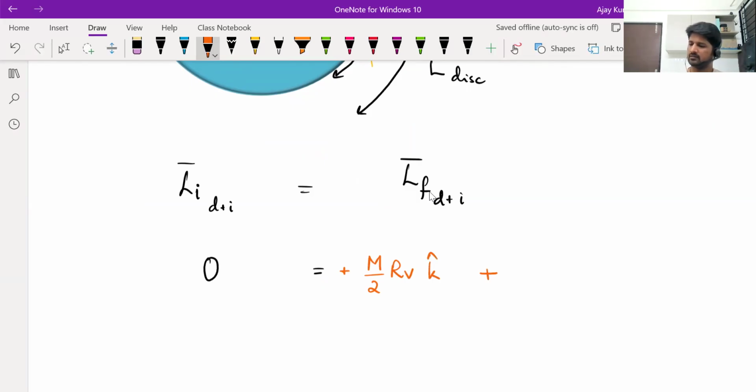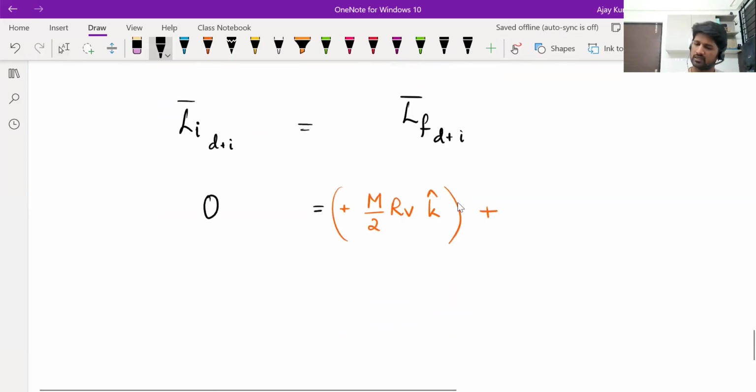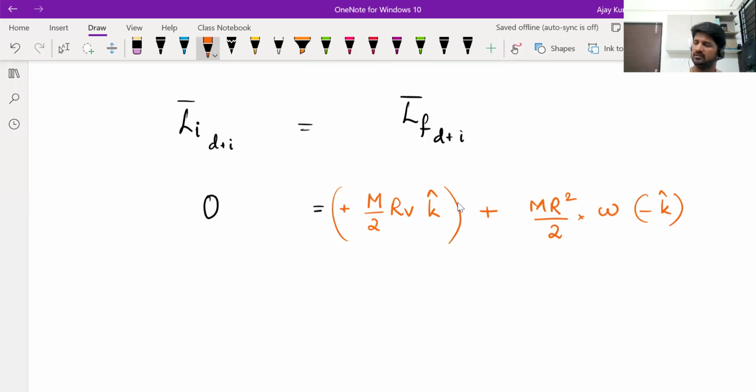Next, the disk's angular momentum. What you have to find out is the angular velocity of the disk. Let it be omega. The disk is in pure rotation. How do we write angular momentum in pure rotation? I omega. About the given axis, I for the disk is m r squared by 2, into omega, and it is clockwise, so minus k cap.